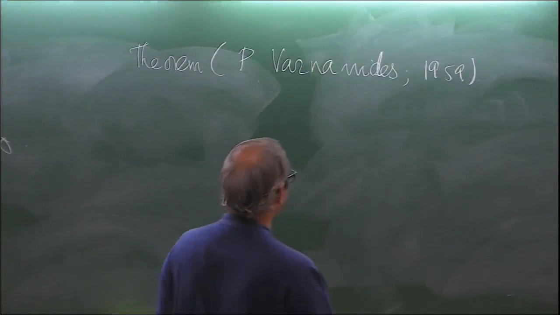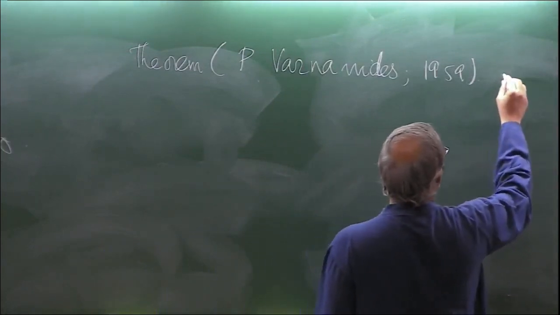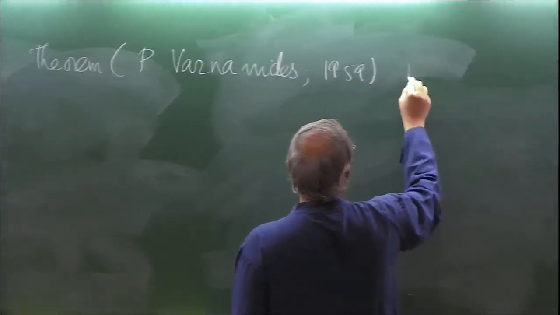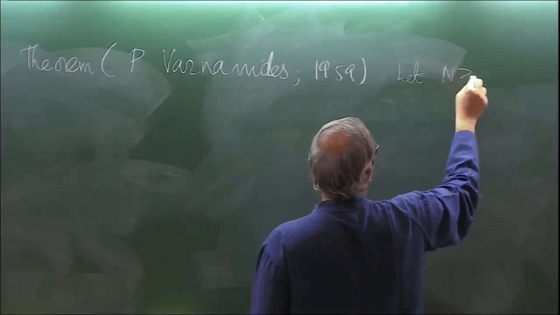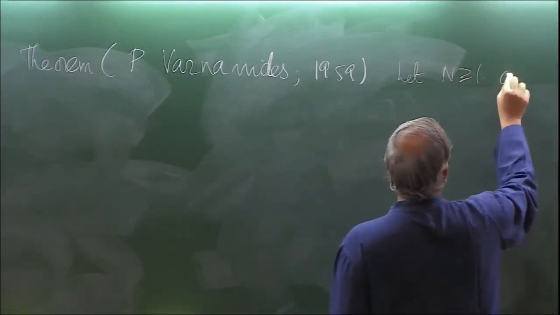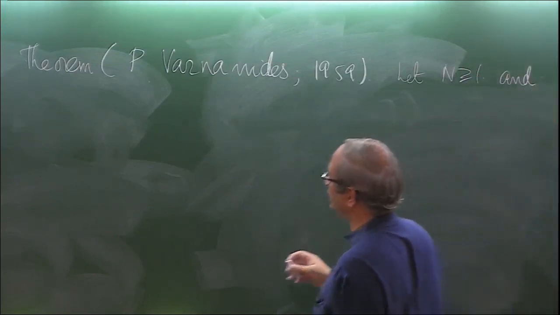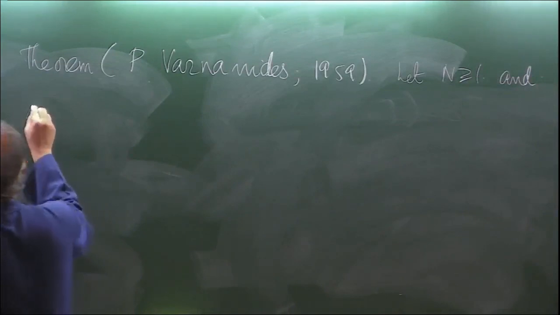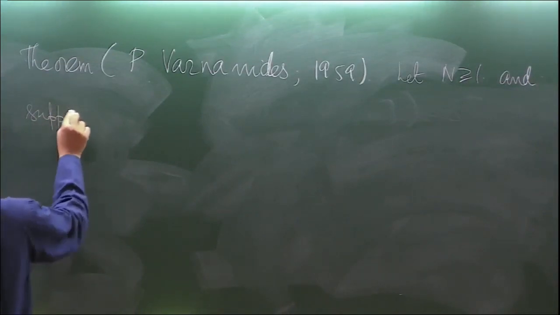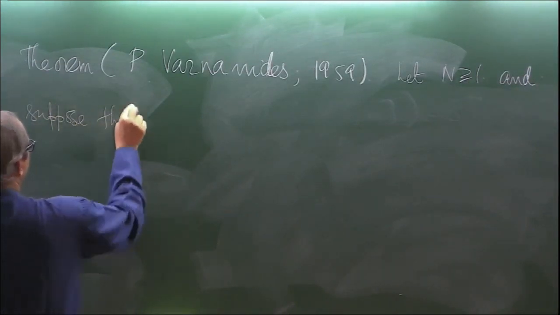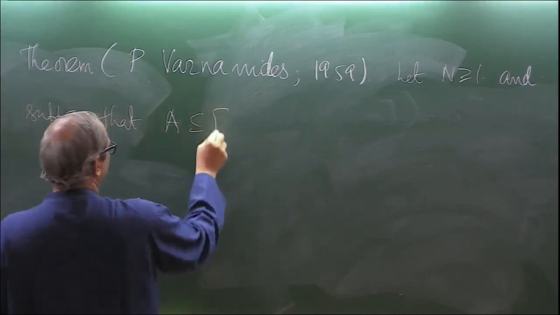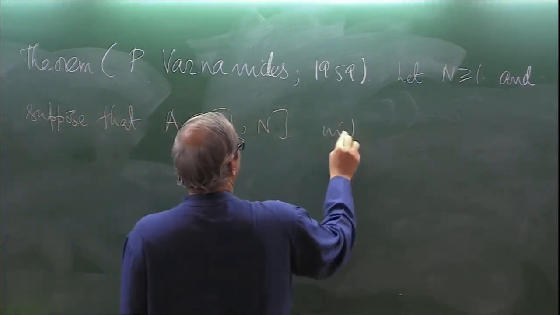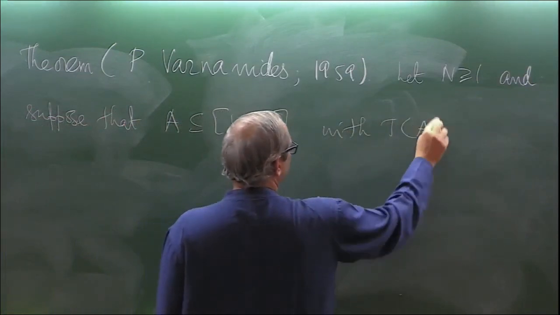Okay, so let n be greater than 1, and suppose that A is a subset of 1 to n, meaning the integers in 1 to n, with T of A not 0.